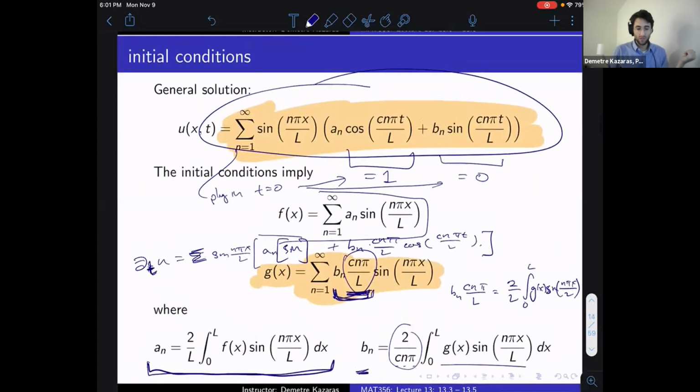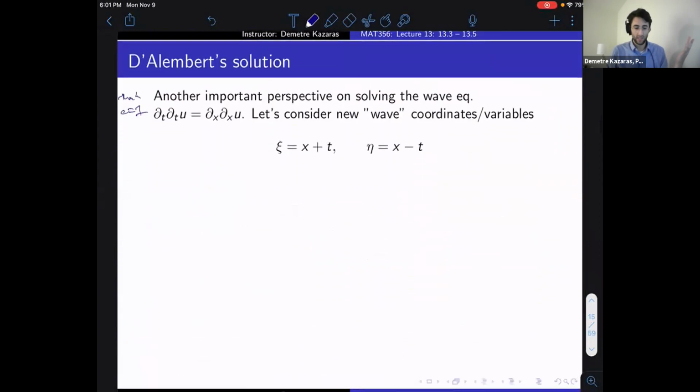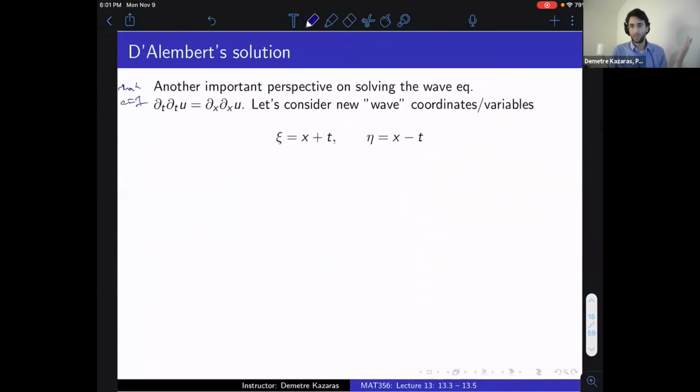But this sort of approach, separation of variables, writing down series solutions, figuring out what the coefficients are, is a very widely usable thing. But let's think about something that's specialized to the wave equation. That's what this D'Alembert solution is. It's treating the wave equation as a special thing.